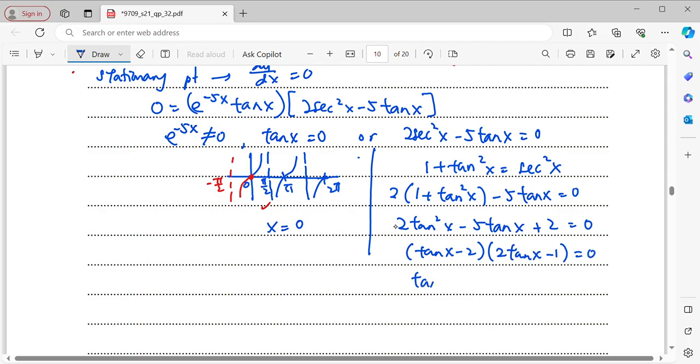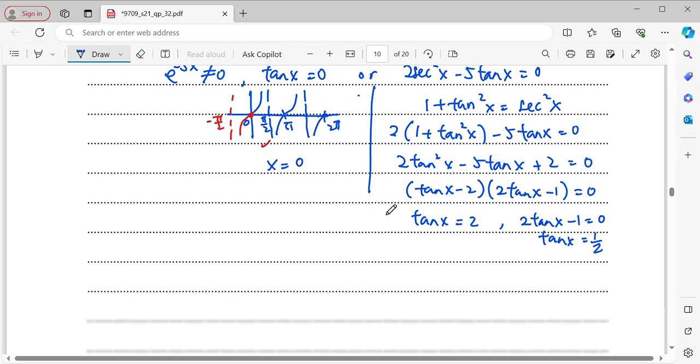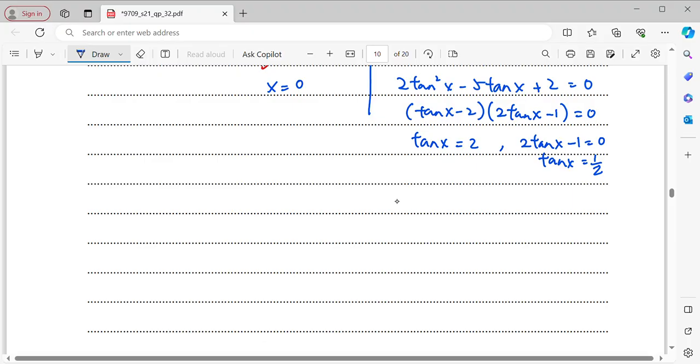So now tangent x equals 2, or 2 tangent x minus 1 equals 0, which means tangent x equals half. To solve this, since both tangents are positive, we could just get the first quadrant angle.